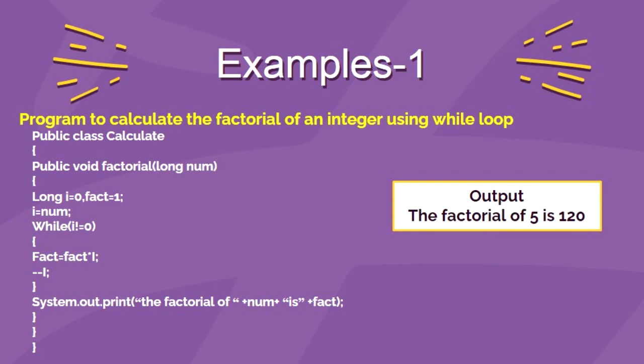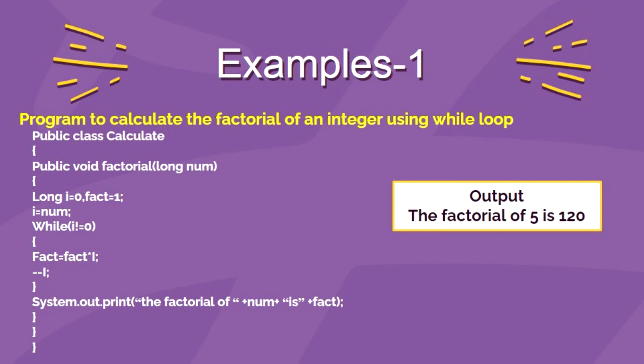Now long i = 0, fact = 1 is the initialization. Fact is nothing but factorial. Now i = num, the number which you input. While i is not equal to 0, fact = fact * i.